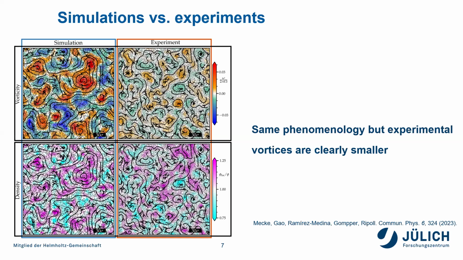But one thing you can see is that the vortices experimentally are clearly smaller. In the simulations the vorticity gets much larger, while here it is more damped and the vortices become smaller. So we had the first paper, and then we asked, why is that the case? Something is missing in the simulations.